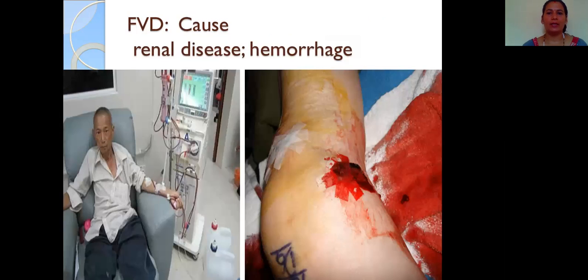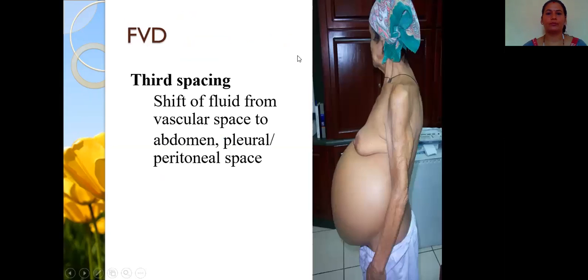And renal disease, if a patient has a renal disease, then hemorrhage. Okay, here we see the example of third spacing, shift of fluid from the vascular space to the abdomen or pleural or peritoneal space. We can see here the abdomen is swollen due to the accumulation of fluid, which is also called ascites.